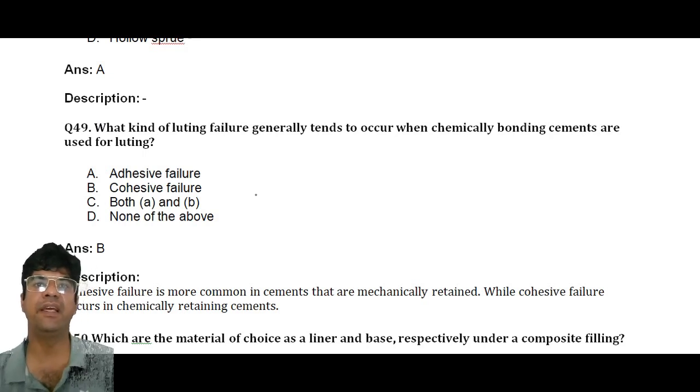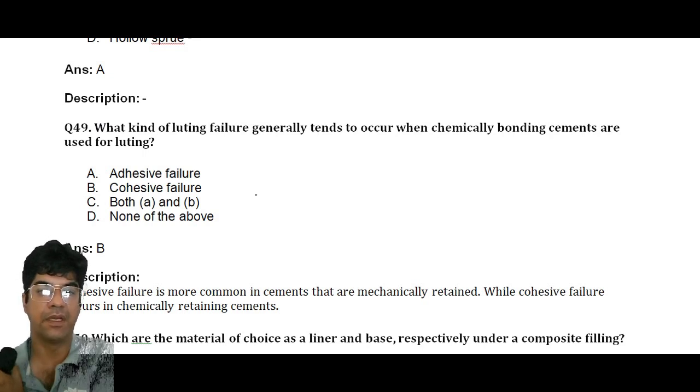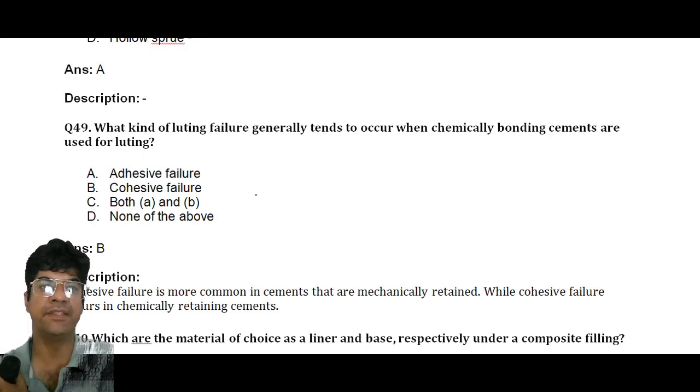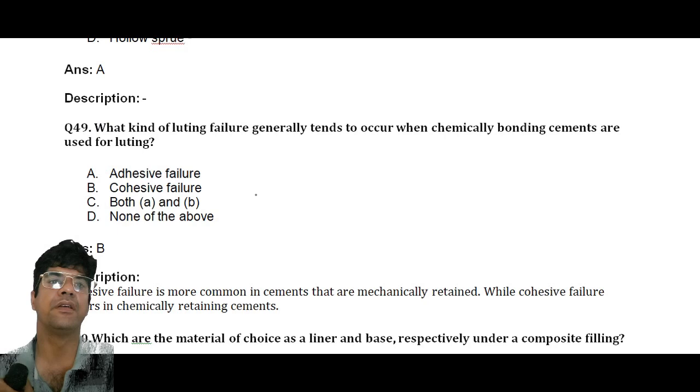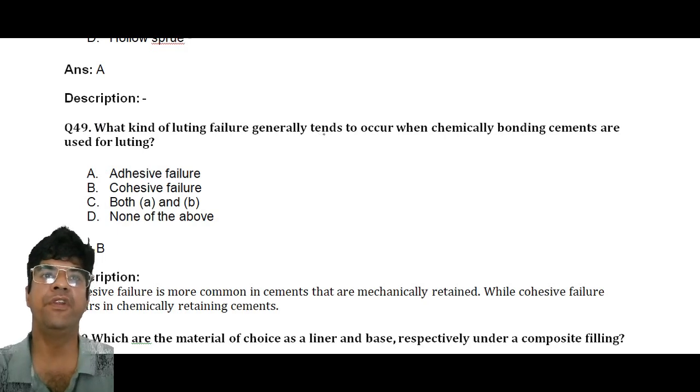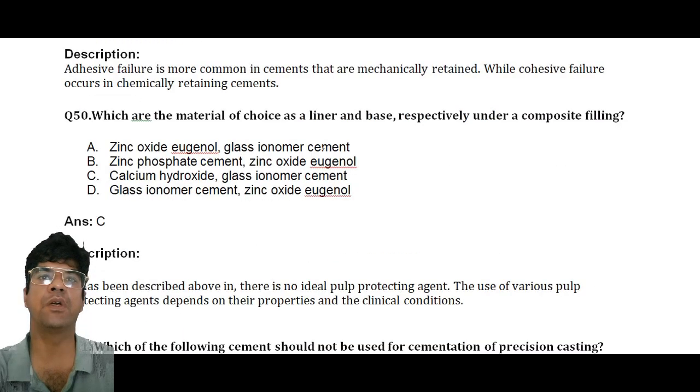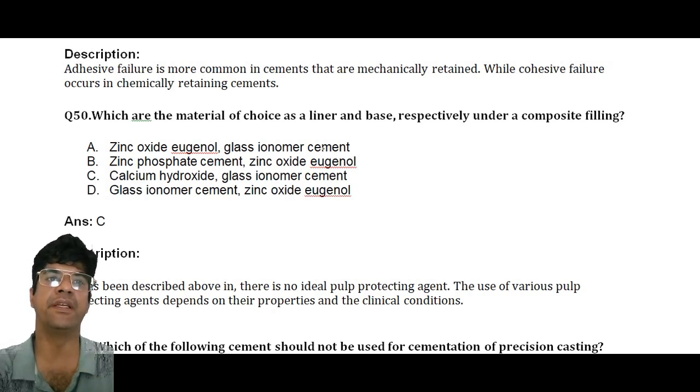What kind of luting failure tends generally to occur when chemically bonding cements are used for luting? Cohesive failure means that failure occurs within the cement itself. So the most common failure is cohesive.